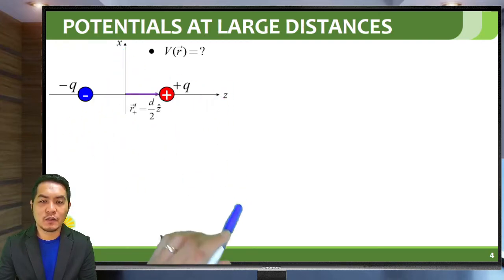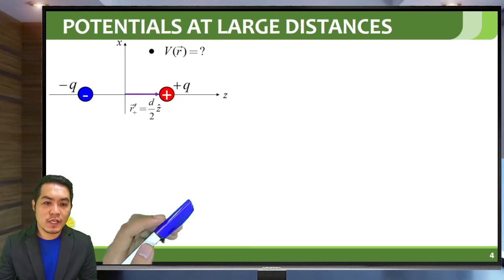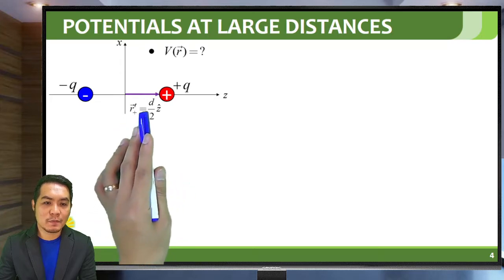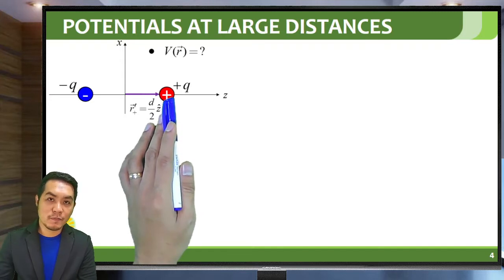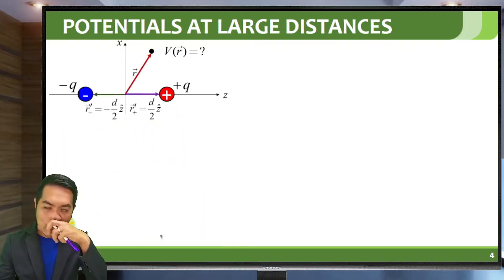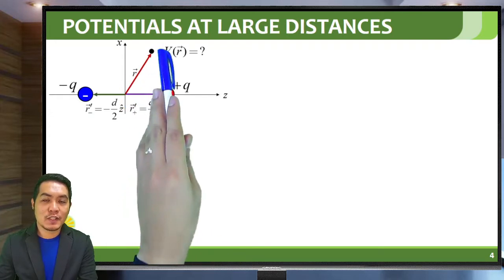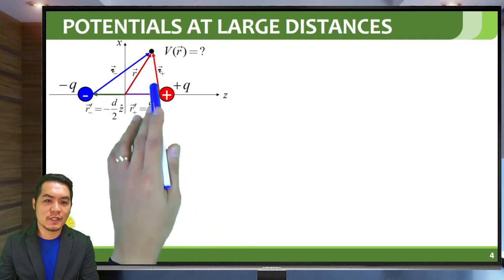So again, we need to get the r prime, the source distances. So r plus prime is the distance vector towards the positive charge, r minus prime is towards the negative charge, r is our distance towards our field point, and this will be our separation distances.